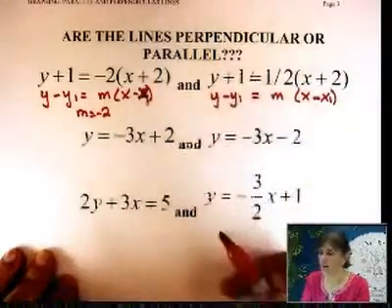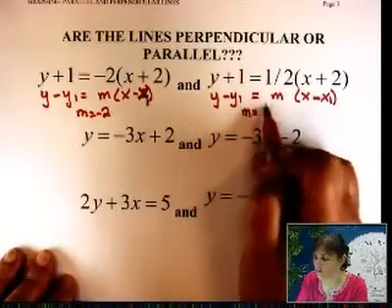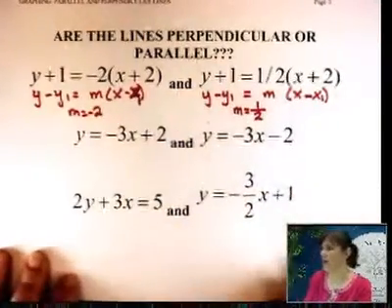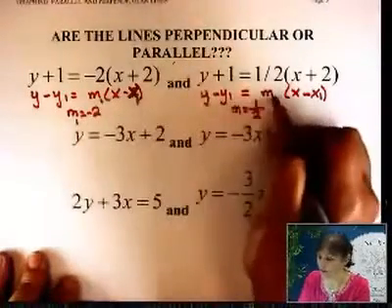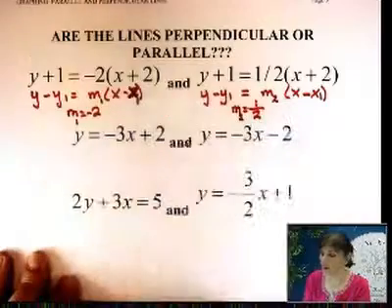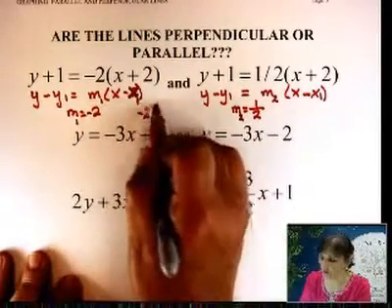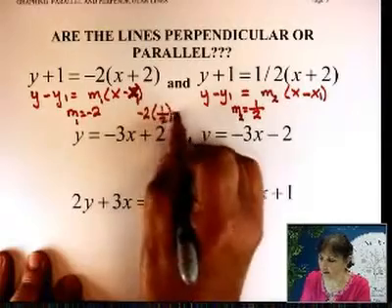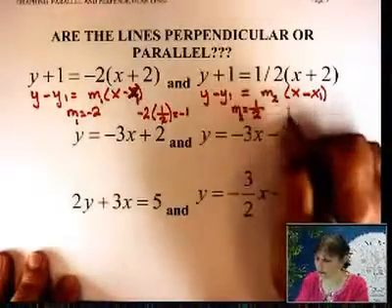The Y1 and X1 are a moot point. I just need to look at the slopes. So one way to check: this one is M1 and this one is M2. Is the product -1? Is -2 times 1/2 equal to -1? Yes, it is. These are perpendicular.